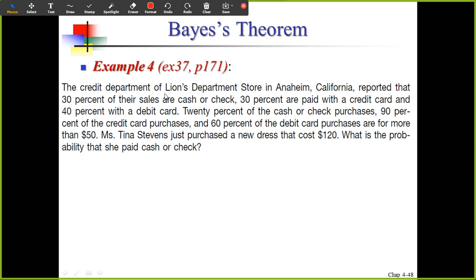The credit department of Lion department store in Anaheim, California reported that 30% of their sales are cash or check, 30% paid by credit card and 40% paid by debit card. Okay, this is one.